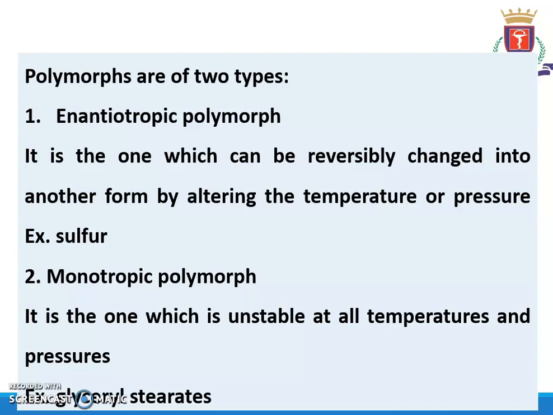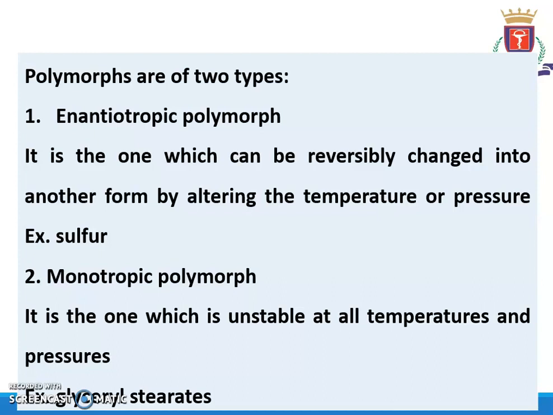Now, these polymorphs can be divided into 2 types. First is enantiotropic polymorph. It is the one which can be reversibly changed into another form due to change in temperature or pressure. A well-known example is sulfur.